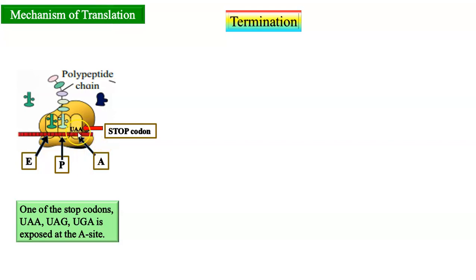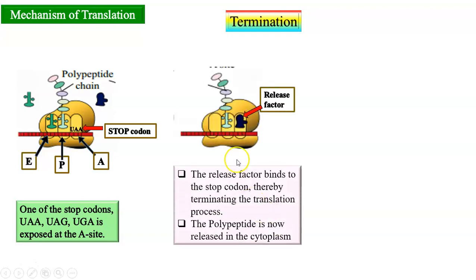It does not code for any amino acid, and therefore the release factor binds to this stop codon. In the next step, we find that the release factor got connected to the stop codon, thereby terminating the translation process. By that time, the polypeptide is formed and released into the cytoplasm.